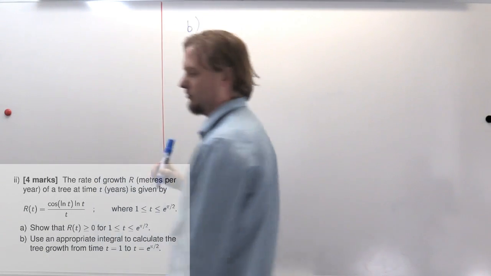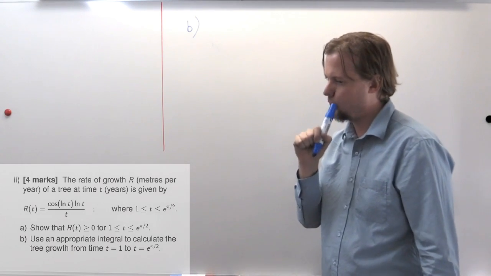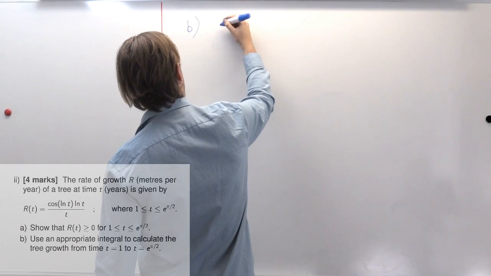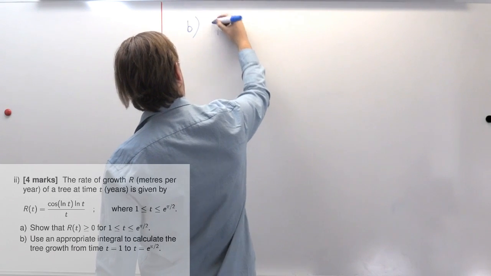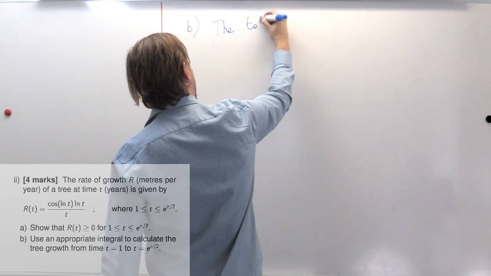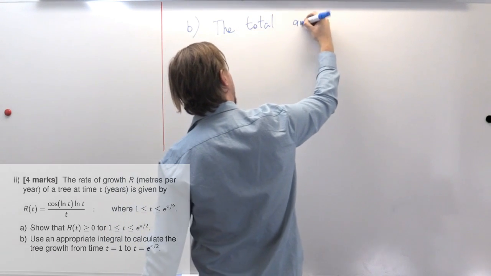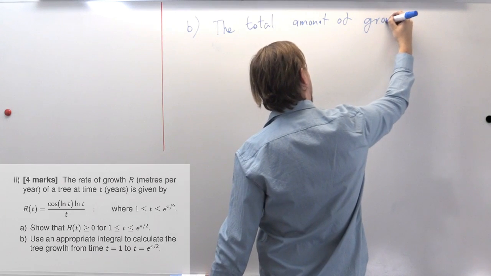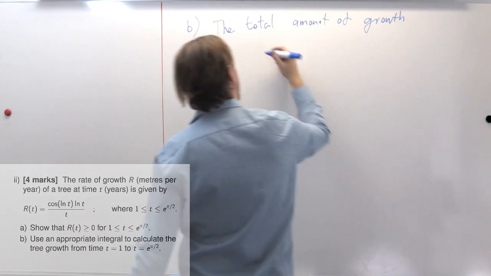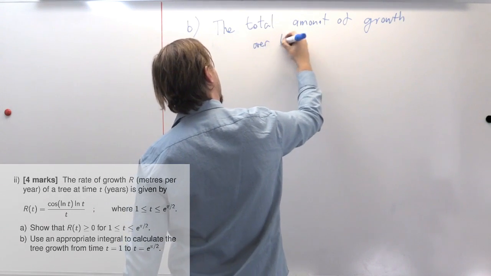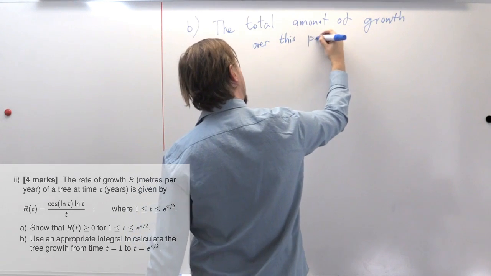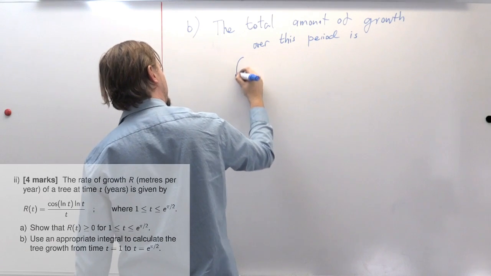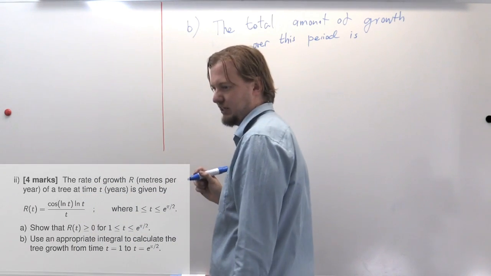So this is a tricky integral. I would probably do it by substitution. The total amount of growth over this period is, well, you are actually just going to integrate the rate of change.